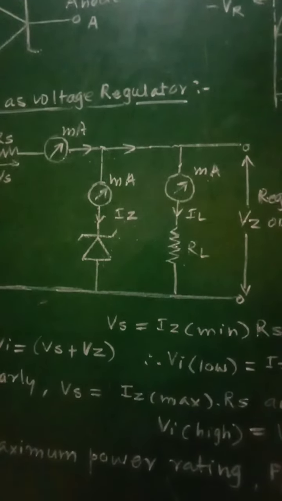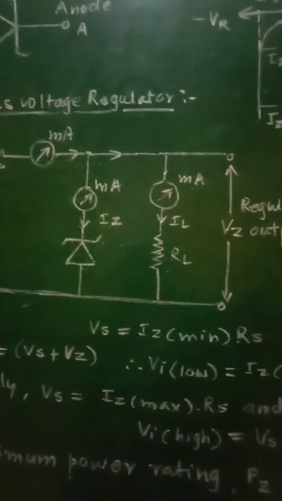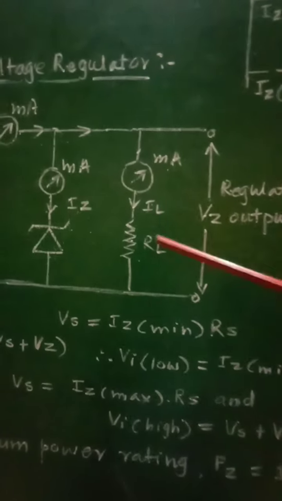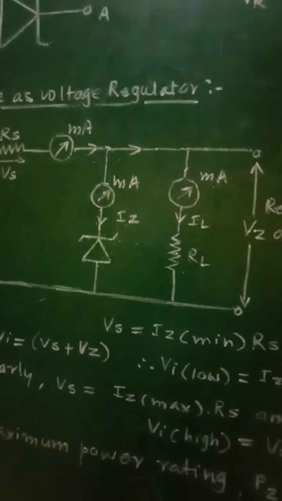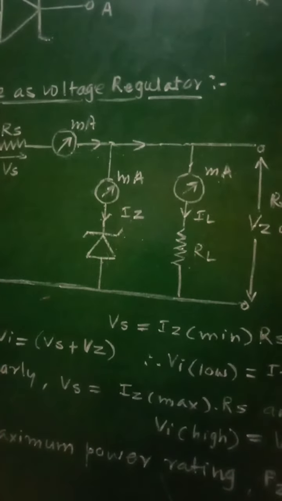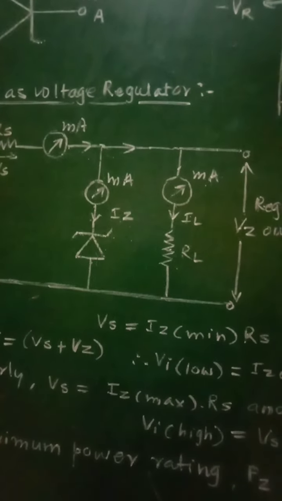Third one, when there is no load, that is when there is no RL, then the load current will be zero and all current will pass through the Zener diode.